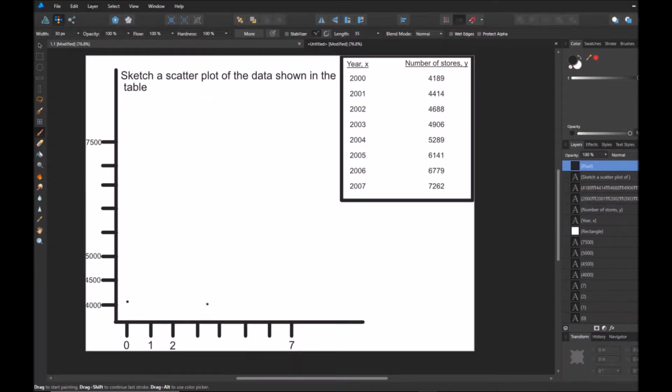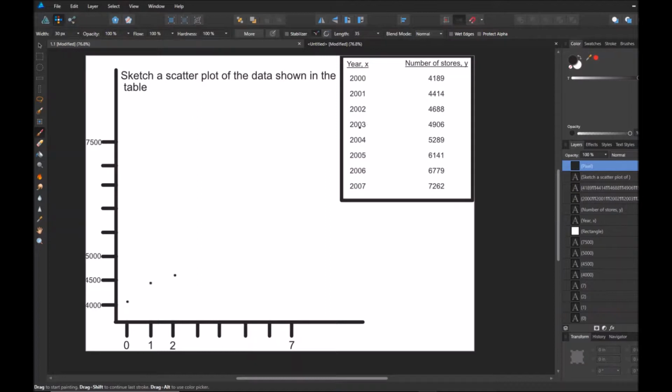Then in year 2001, which corresponds to 1, we have 4,400 stores, so that would be just below the second peg on the graph, so it would be probably somewhere right there. Then for 2002 we have 4,688, so that would be a little bit after the second peg, probably around there somewhere.